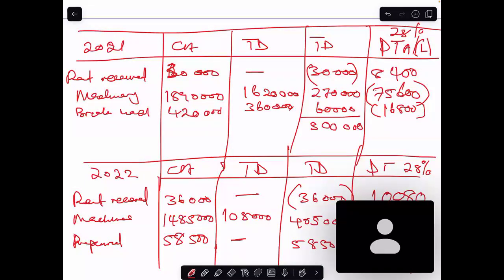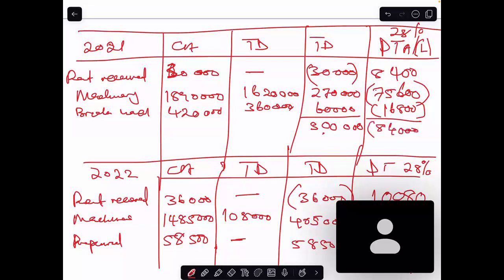Then your deferred tax now. Since our temporary difference is positive, it means we're going to have a deferred tax liability of how much? Just say 300 times 28%. How much is it? 84,000. A liability.